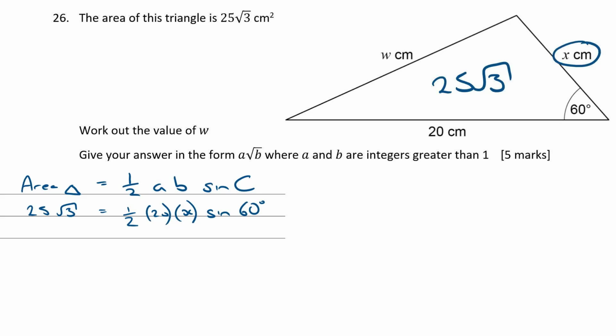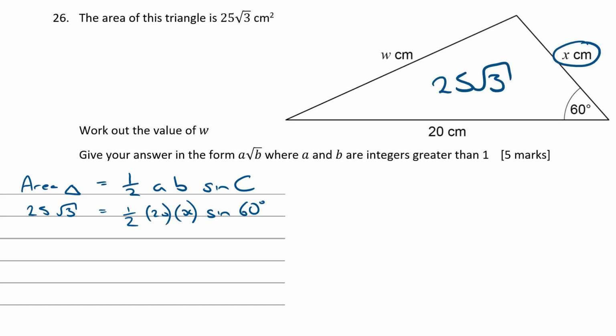So what do we know from here? Let's just try and multiply it out and simplify it down. So 25 root 3 is equal to, what have we got on the top? We've got 20 times x times the sine of 60 divided by 2. Okay, let's just get rid of the divided by 2 first. Let's make that 10. So I've got 10x times the sine of 60.